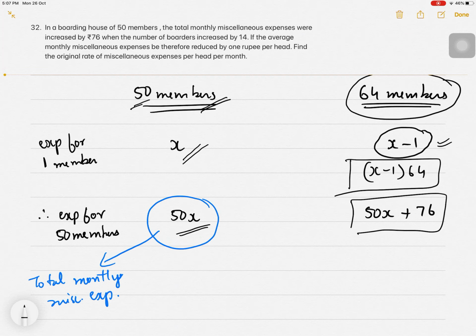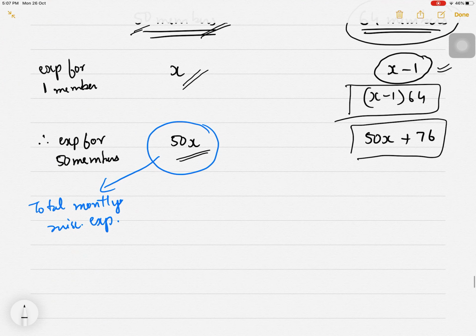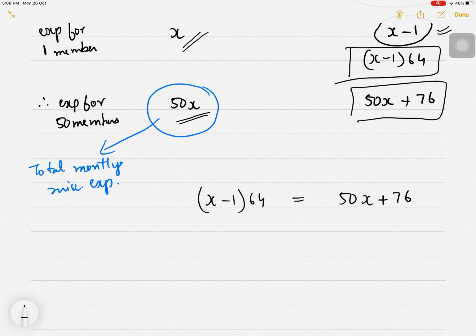But expense for 64 members is 50x plus 76 also. So our equation is x minus 1 into 64 is equal to 50x plus 76. Now solve this equation and find the value of x.